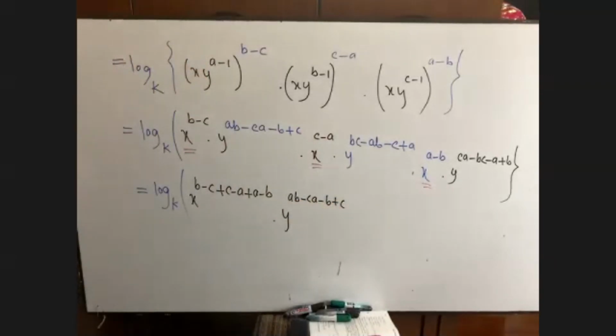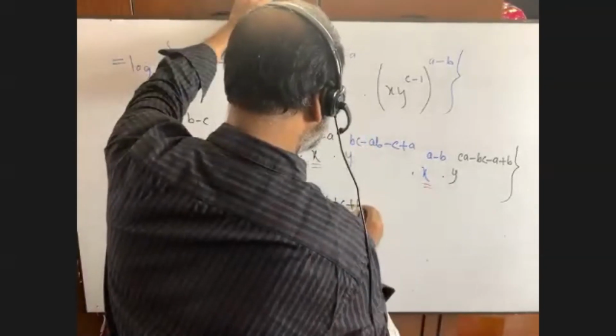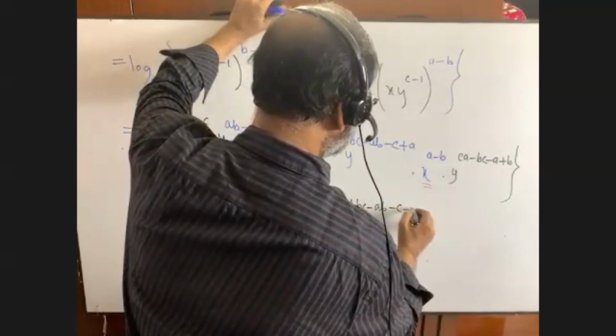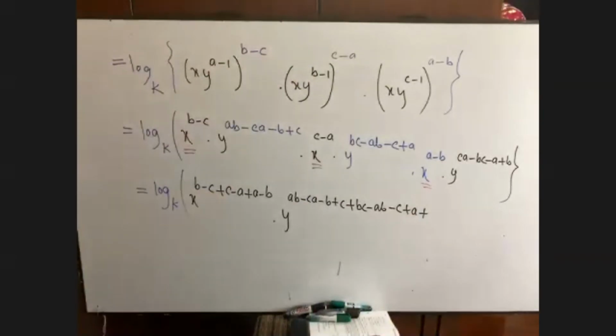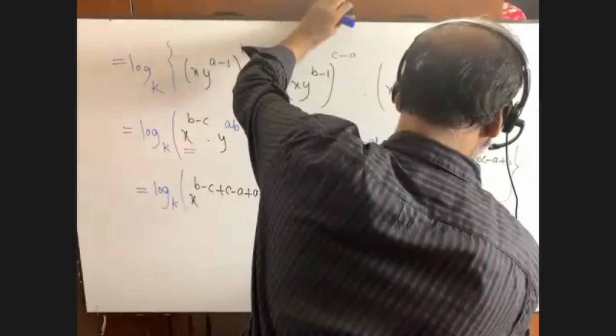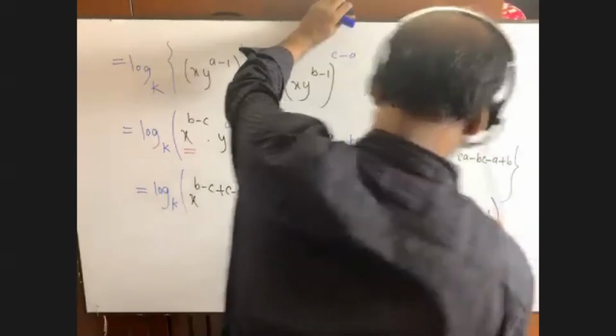Then it is bc minus ab minus c plus a. Then it is ca minus bc minus a plus b.